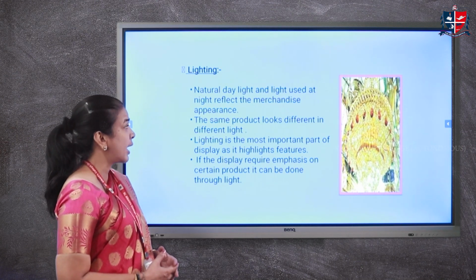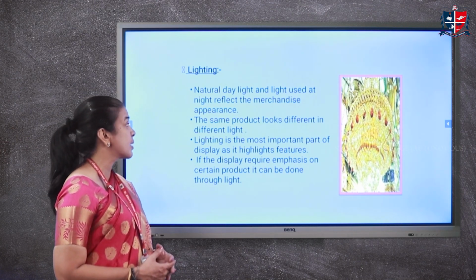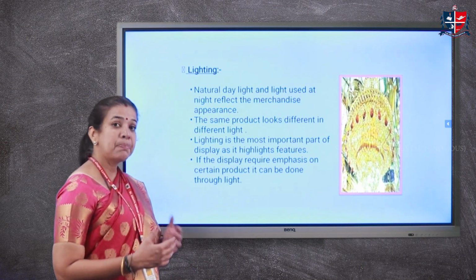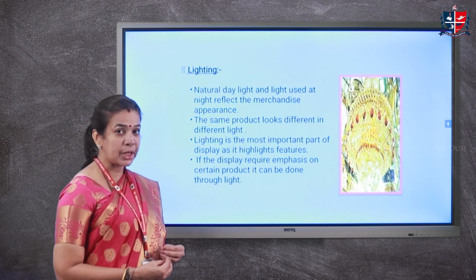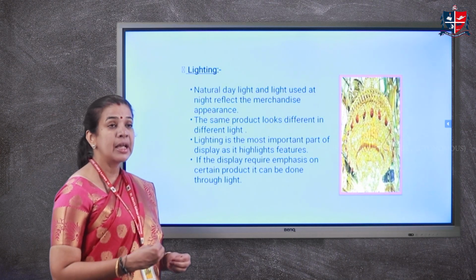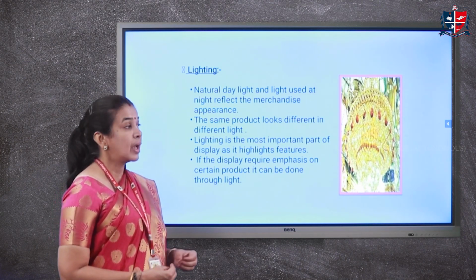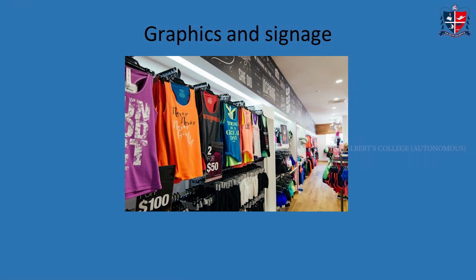Natural light, daylight and light used at night reflect the same merchandise appearance in different ways. You can play with it. This is one of the important tools that a visual merchandiser, in concert with a store manager, looks out for when designing a particular store.